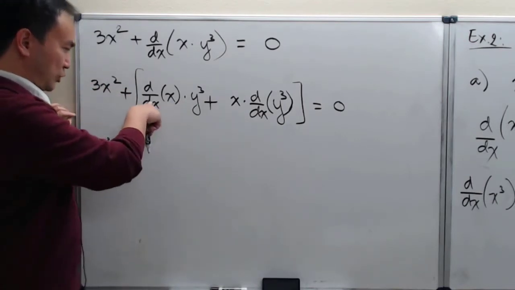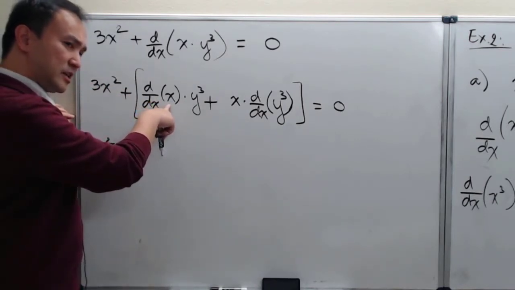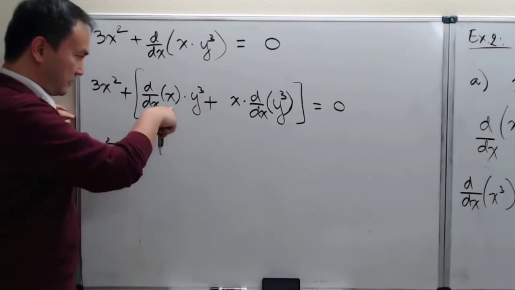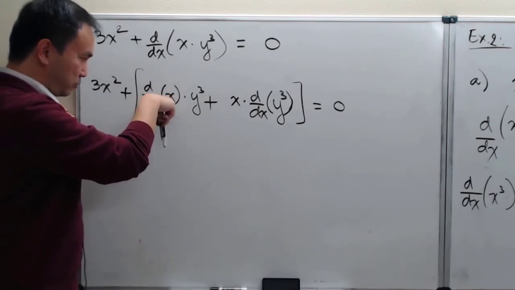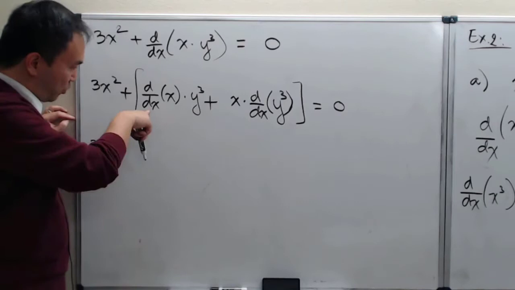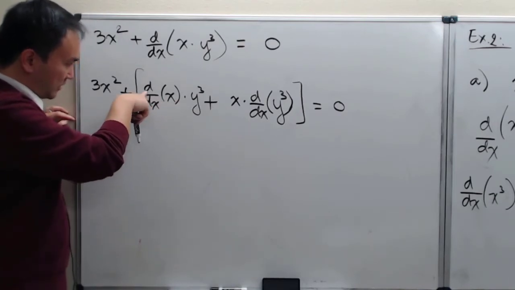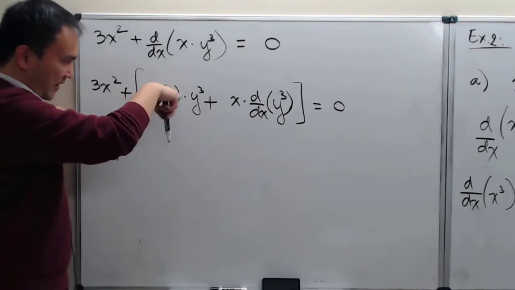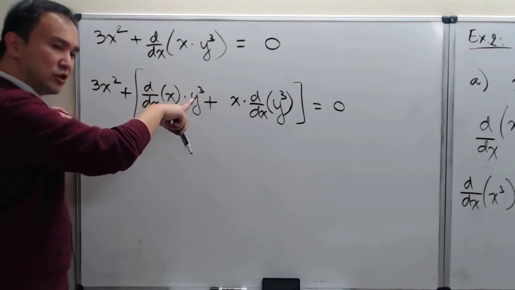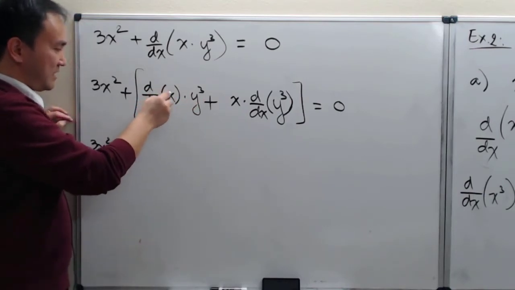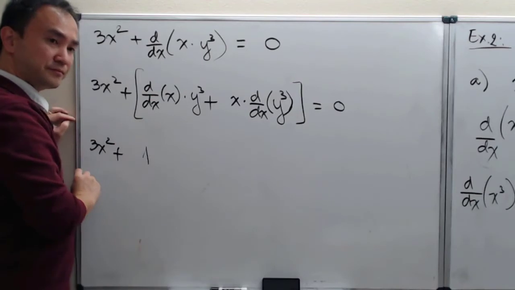So the derivative of x, that expression here is in terms of x, and we want to take the derivative. Notice the derivative here is only for that factor x, not having anything to do with the y cubed. So that means here it's just 1.